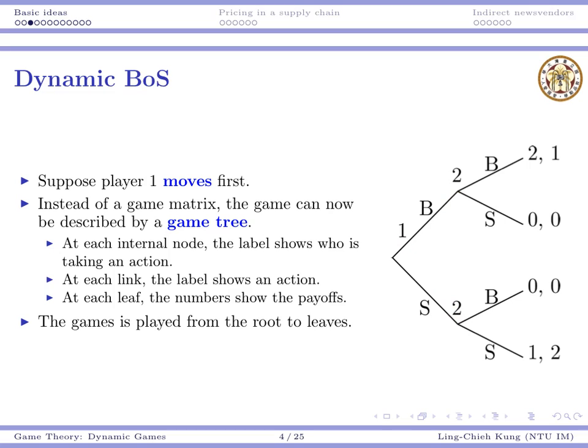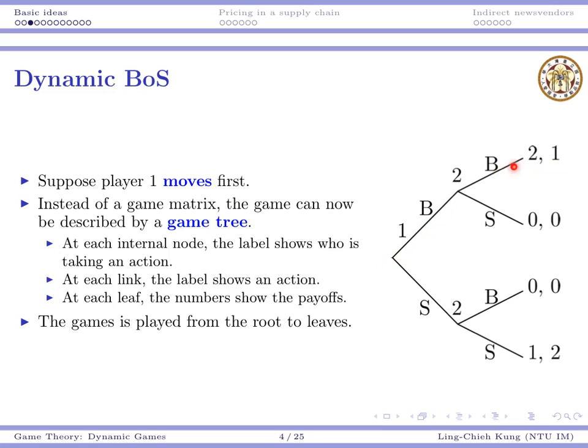Player 2 sees what has been chosen by player 1, and then player 2 can make her own decision, either B or S. At each leaf, both players have made their decisions, and then there will be two numbers, telling us what the payoffs are for these two players.